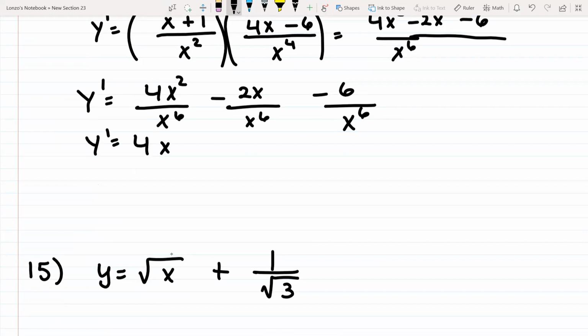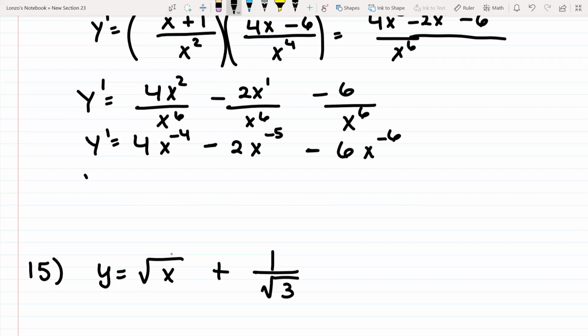So when you're dividing with the same base, you subtract the power. So 2 minus 6 is -4, minus 2x. This has the power 1, so 1 minus 6 is -5, minus 6 over x to the 6th. Well, I can write this as x to the -6.